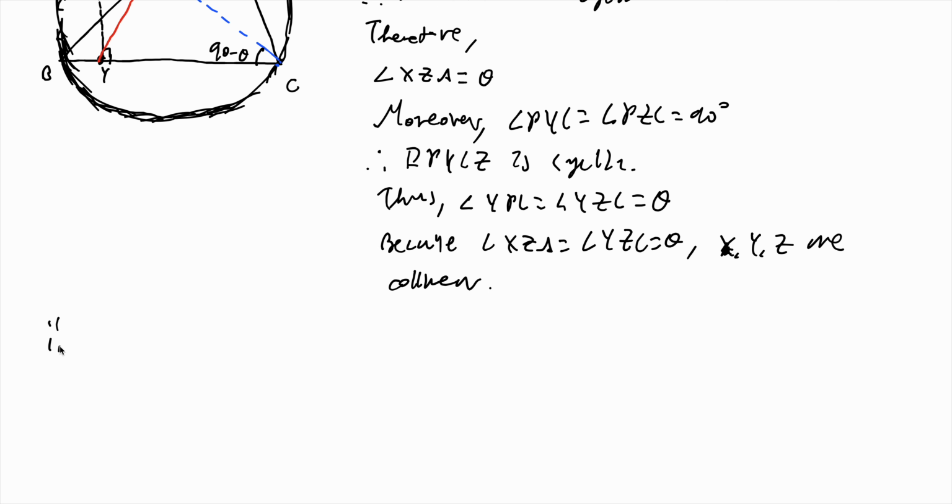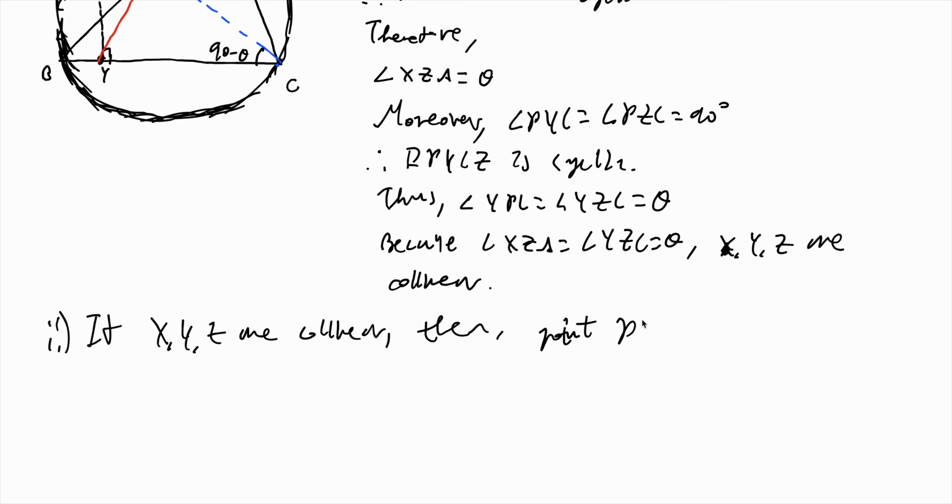Let's prove our second part. If X, Y, Z are collinear, then point P lies on the circle of triangle ABC. This is correct. Yeah.